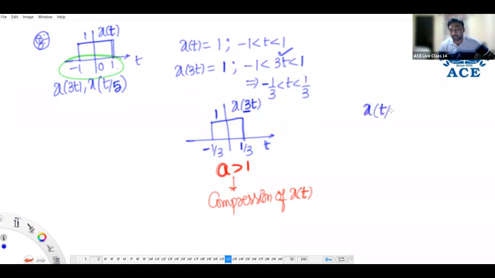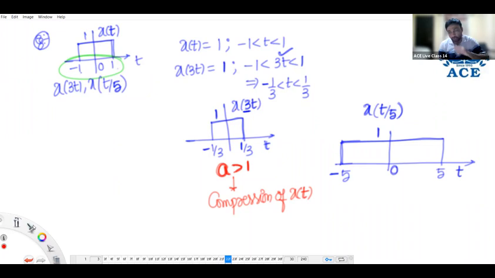In a similar way, what is x(t/5)? Division here becomes what there? When you are dividing by 5, it becomes multiplication. The same rectangle extends from -5 to 5.